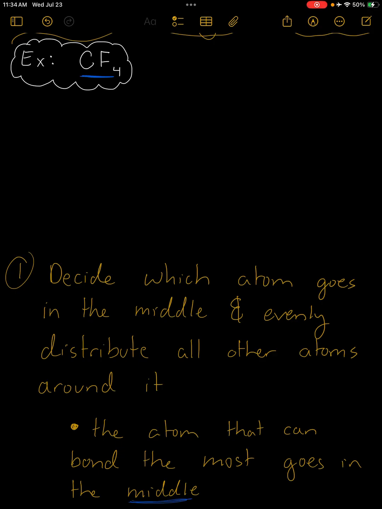Usually, that is going to be the atom that you have the least amount of. Which, if we're looking at CF4 up here, that's going to be carbon, right? We have the least amount of carbons. There's only one of them, whereas we have 4 fluorines. So it makes more sense for carbon to go in the middle.